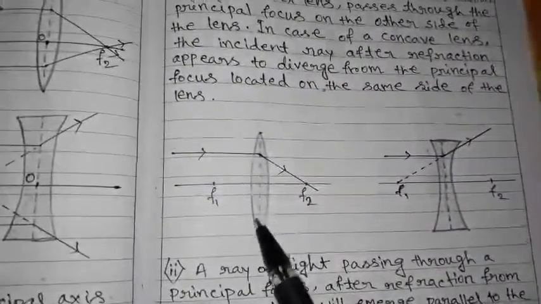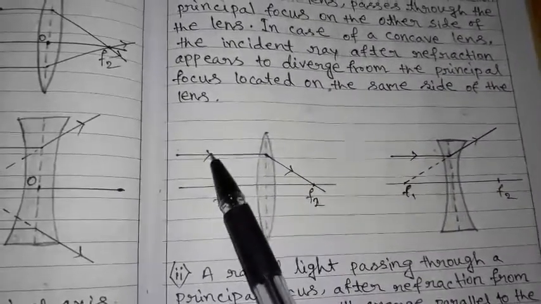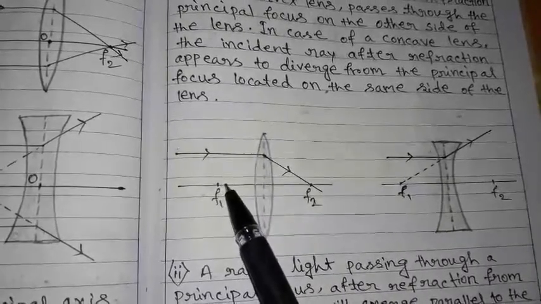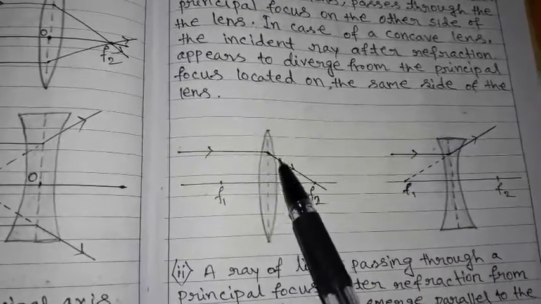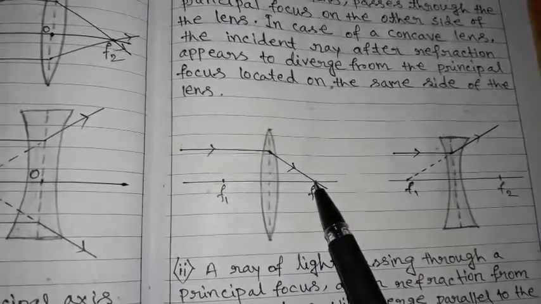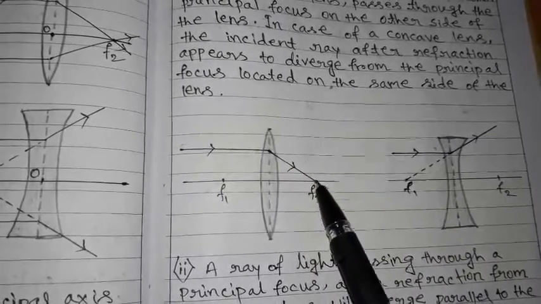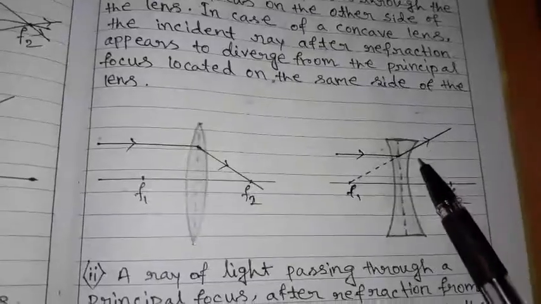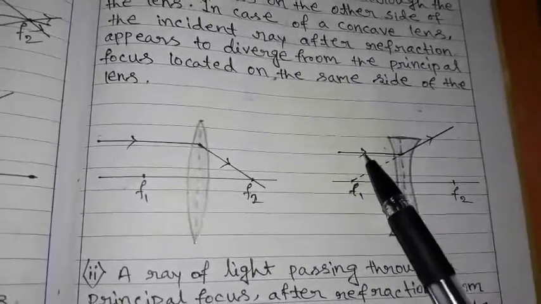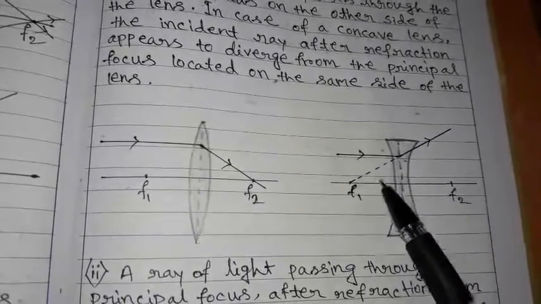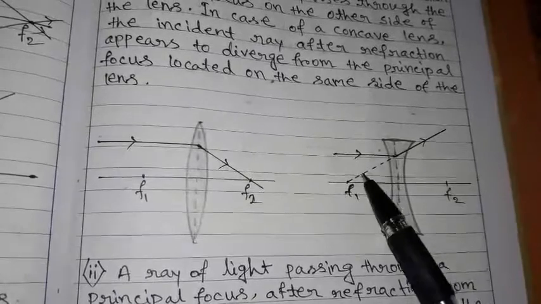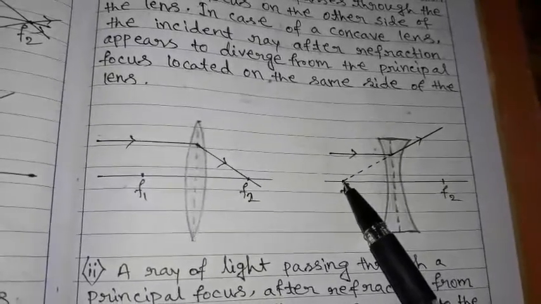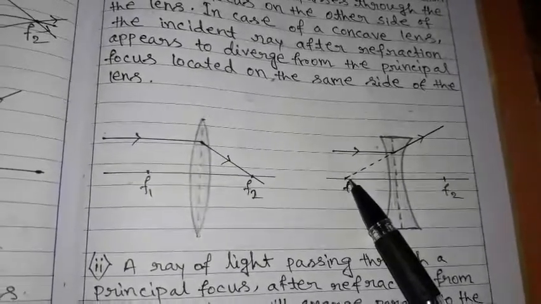In the diagram we see for the convex lens, the incident ray parallel to the principal axis from an object after refraction meets at the focus on the other side of the lens. For the concave lens we see that the incident ray parallel to the principal axis after refraction appears to diverge from the focus on the same side of the lens.